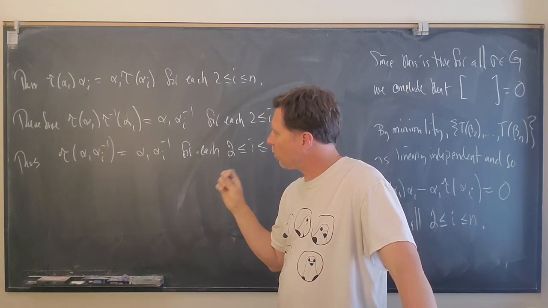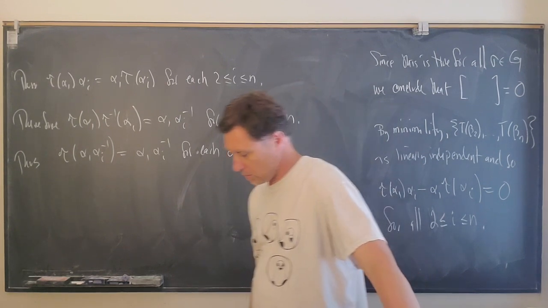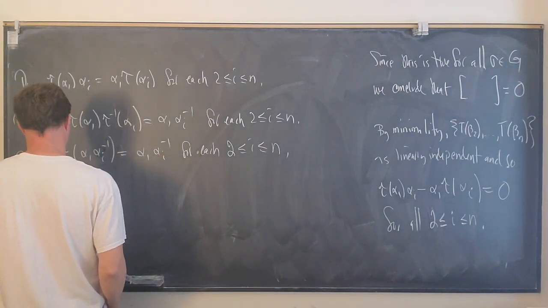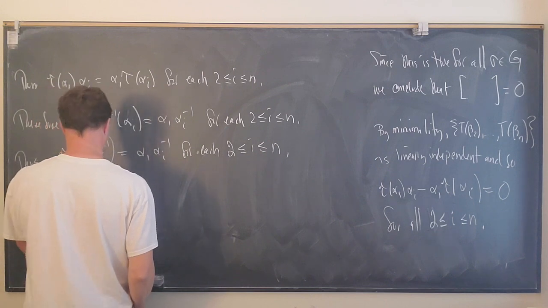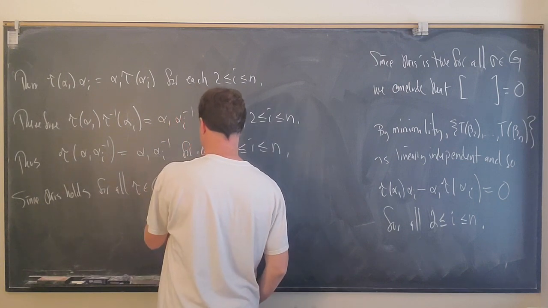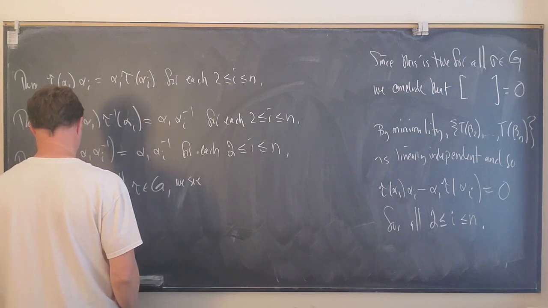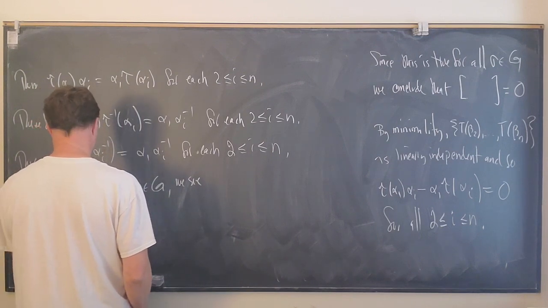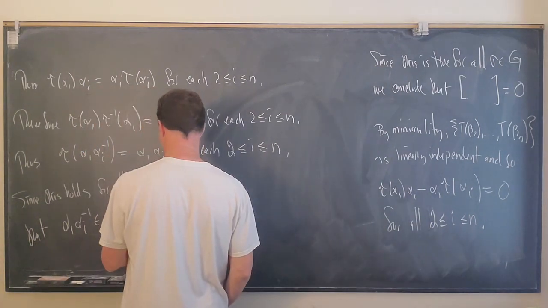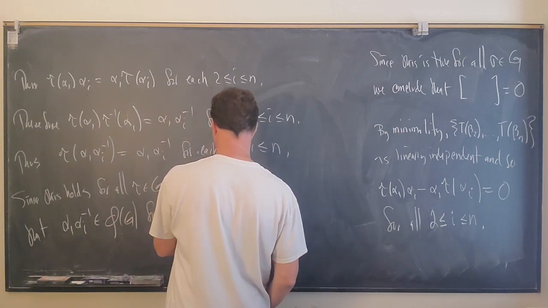It tells us that alpha 1 times alpha I inverse is in the fixed field of G. So, since this holds for all tau in G, we see that alpha 1 alpha I inverse is an element of phi G for all 2 less than or equal to I less than or equal to n.